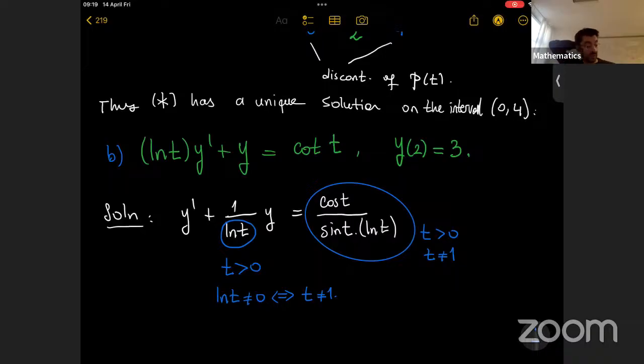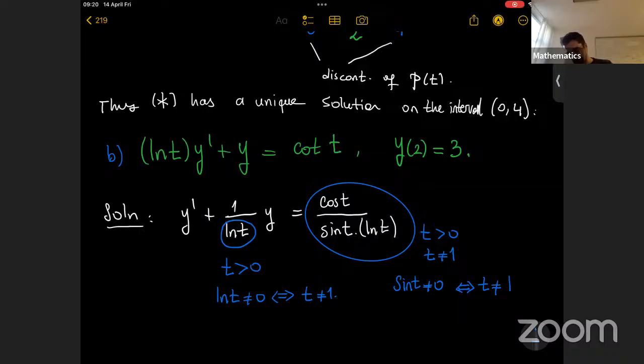One more condition for sine t. Sine t cannot be 0, otherwise in the denominator we will have 0, which doesn't make sense. Sine t cannot be 0 means what? T cannot be 0, pi, 2 pi, any multiple of pi.